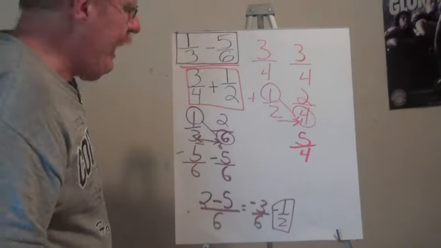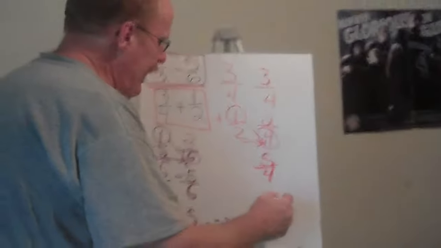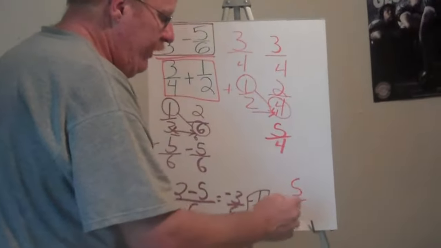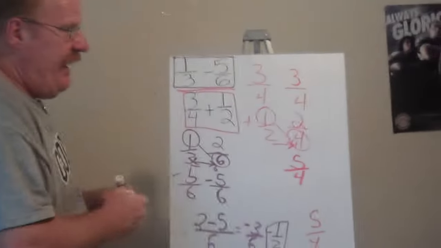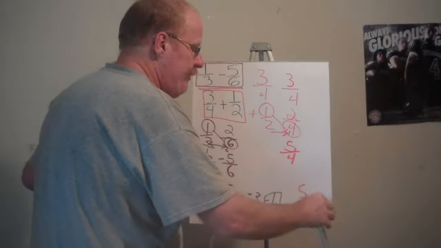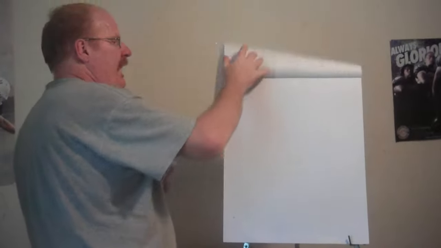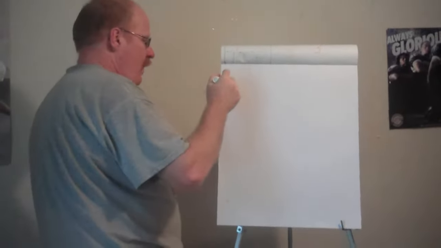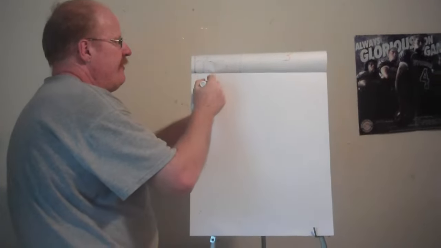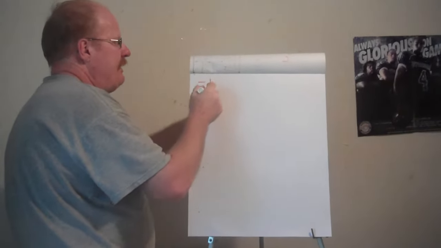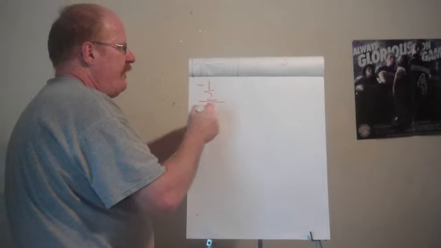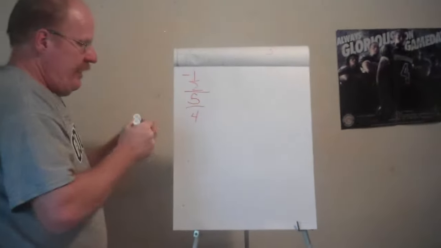Okay, so now we have negative 1/2 in the top and 5/4 in the bottom. If we go ahead and turn the page, we have negative 1/2 on top. We have 5/4 on bottom.